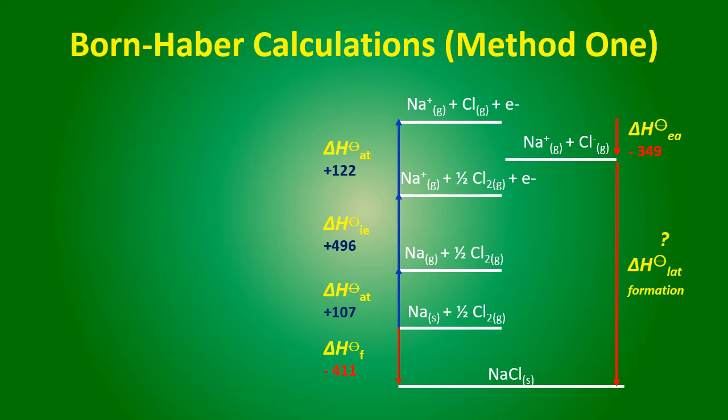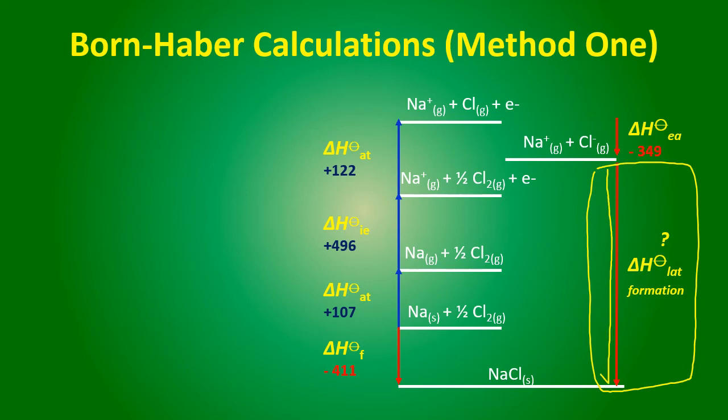So what we have to consider is that if we've got an unknown enthalpy of lattice formation here, we've got a drop in enthalpy from the ions to the solid lattice, and we have to calculate that. But if you remember that we can use Hess's law, we know that the overall enthalpy change is going to be the same regardless of the route taken.